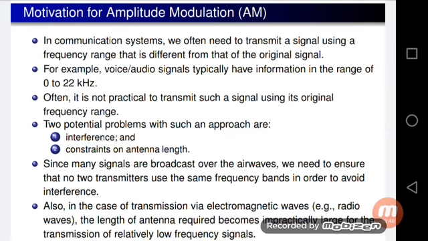For example, voice or audio signals typically have information in the range of 0 to 20 kHz. Often it is not practical to transmit such a signal using its original frequency range.